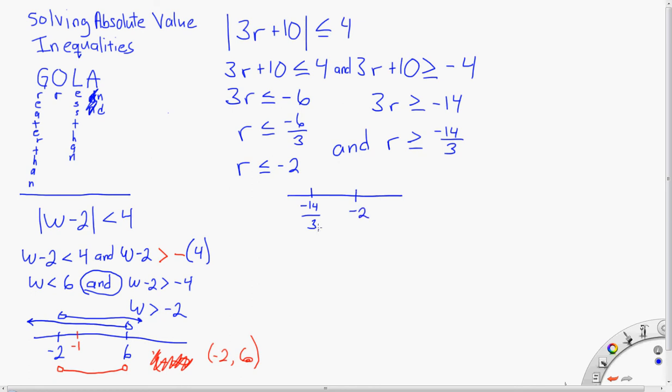Negative 2 is here. So we need r less than or equal to negative 2, and r greater than or equal to negative 14 thirds. Since we have the equal sign, that means we get the closed circle. So we have those points, also written like this. And we use the brackets to indicate that the endpoints are part of the solution set.